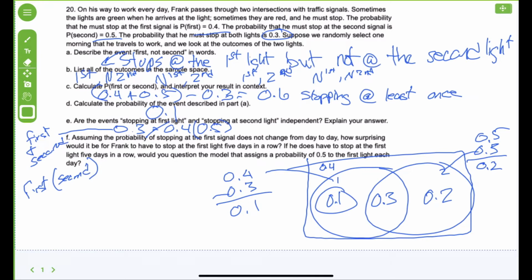Okay? Now F says, assuming the probability of stopping at the first signal does not change from day to day, how surprising would it be for Frank to have to stop at the first light 5 days in a row? If he does have to stop at the first light 5 days in a row, would you question the model that assigns a probability of 50% to the first light each day? Okay, so since it's stopping at the first light 5 days in a row, and the first light is 0.4, we would just multiply that together 5 times.